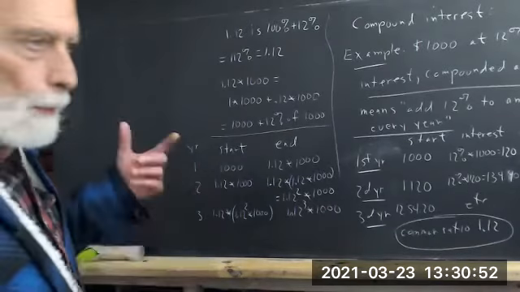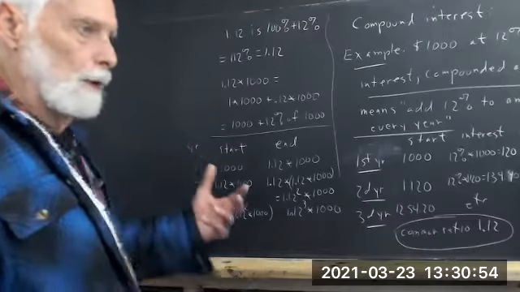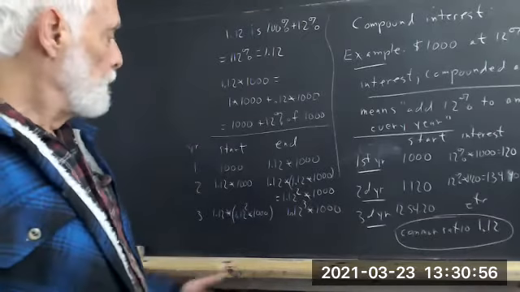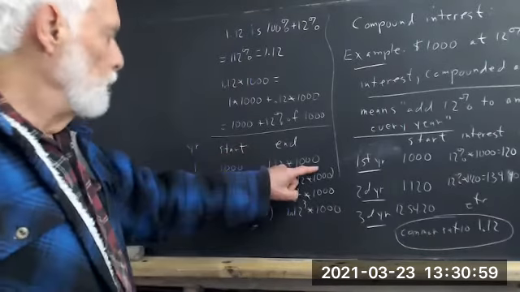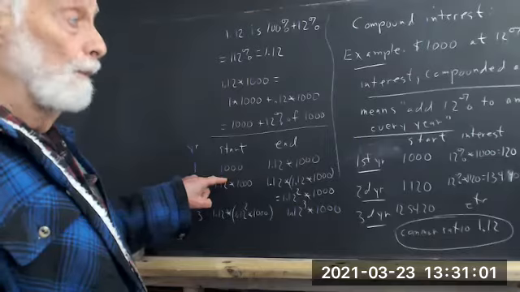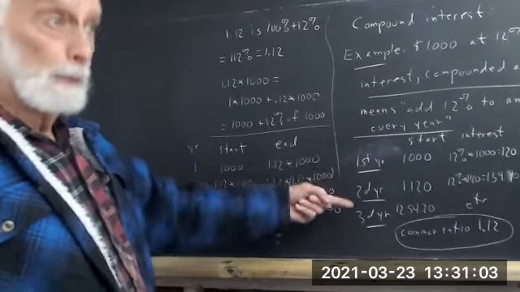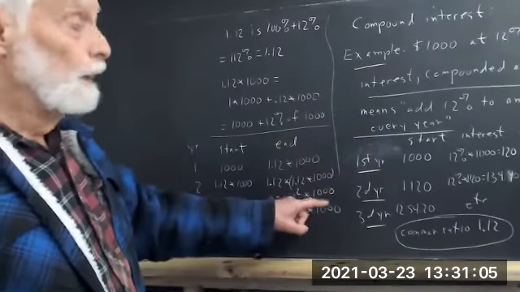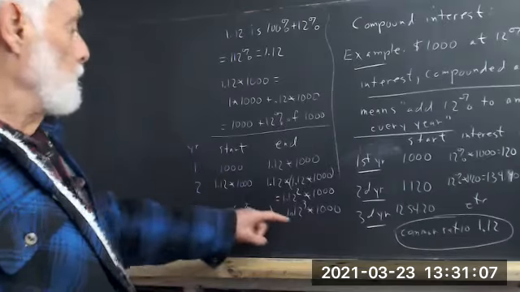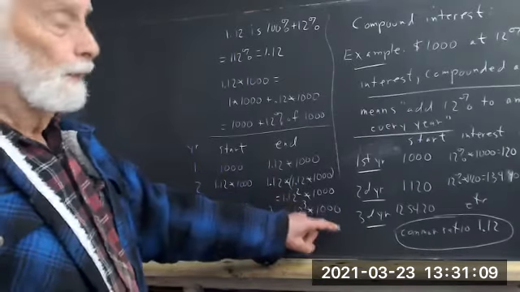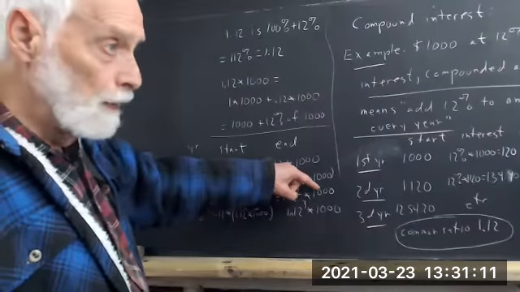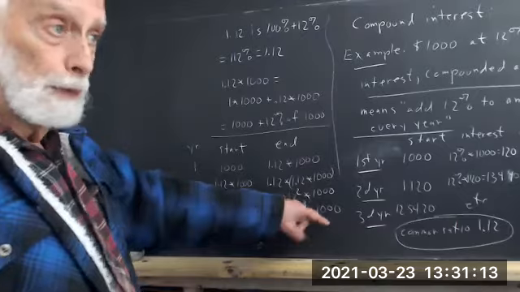Every year, we multiply what we had in the previous year by 1.12, and we end up with 1.12 times our starting value, then 1.12 squared times 1,000, and then 1.12 cubed times 1,000, because we multiplied the 1.12 squared times 1,000 by 1.12.